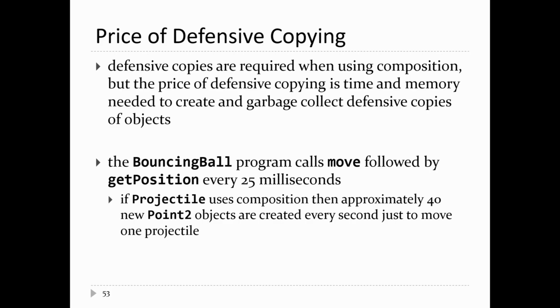When you're done with the point object, the virtual machine has to remove those point objects from memory. And all of this stuff takes time. So every time you make a defensive copy, that takes time and memory to make the copy. You then have to get rid of all the copies at some point, so that also takes time to garbage collect those defensive copies.